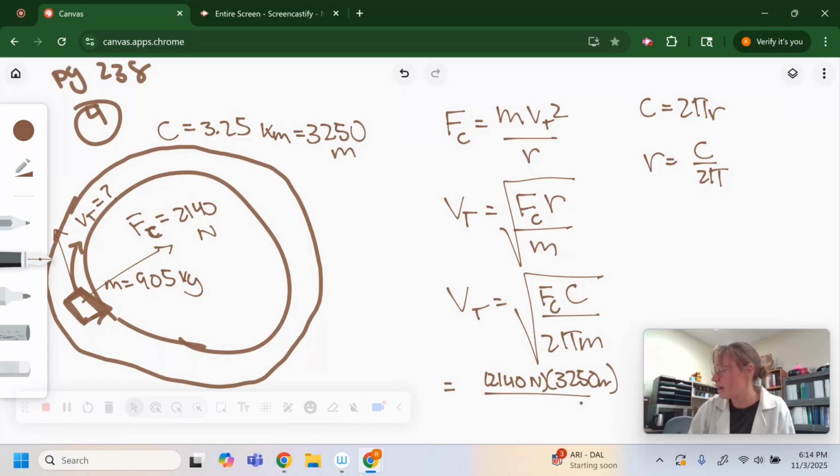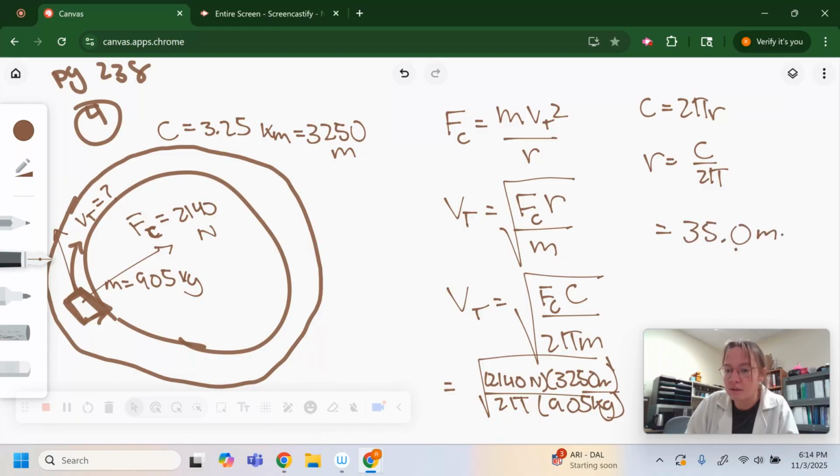For my mass here, I plug in 2 pi times 905 kilograms, square root, top and bottom, and that gives us a final answer of 35.0 meters per second.